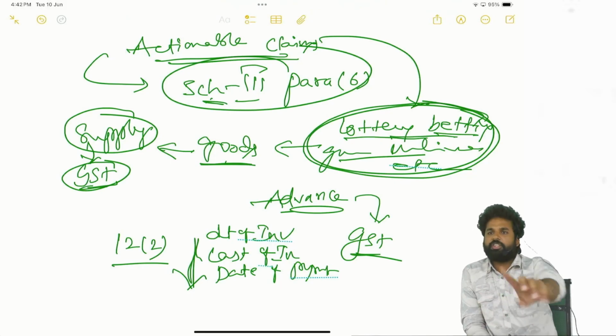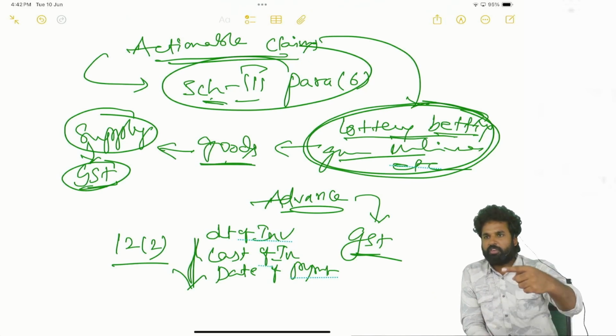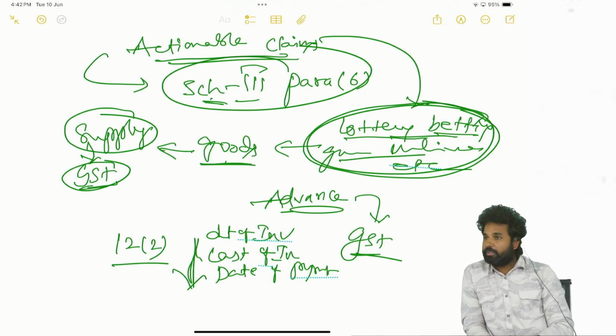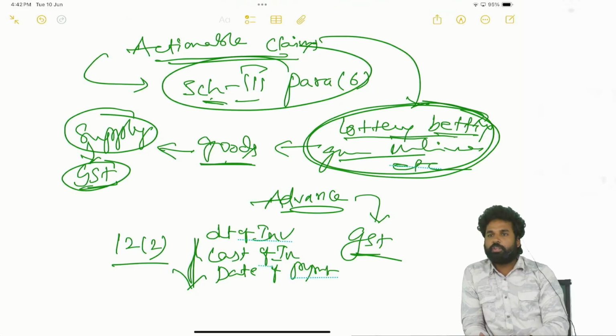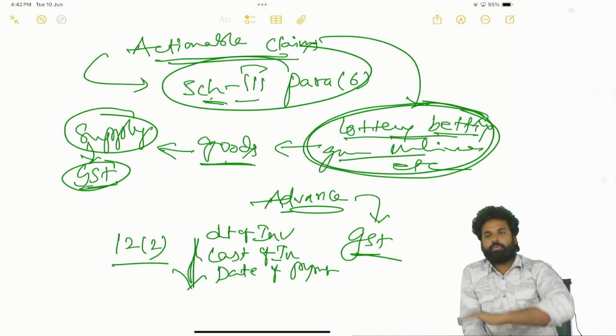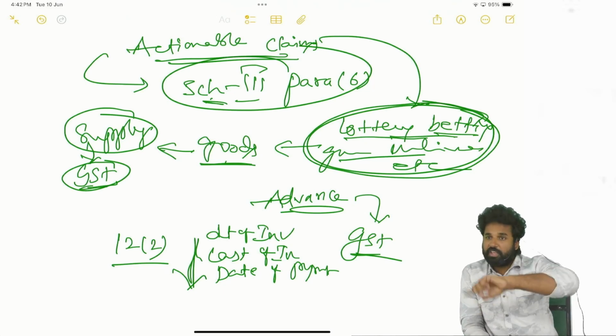What will be applied? What is the time of supply of goods under forward charge mechanism? Date of invoice or last date of invoice. That means there is no GST on advance. Time of supply of goods need not be calculated with respect to advance payment in respect of supply of goods. So whenever it is a case of specified actionable claims, lottery, betting, gambling, if there is an advance received, then on such advance GST is payable.